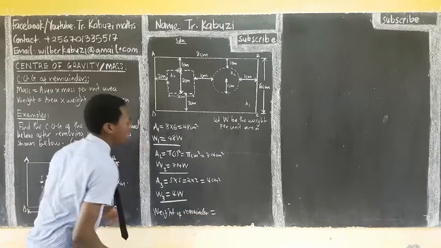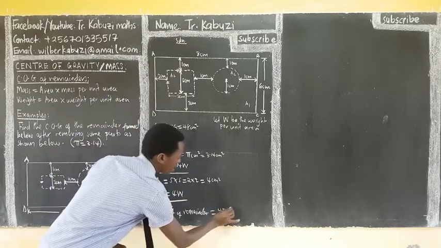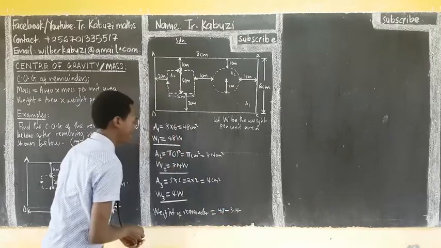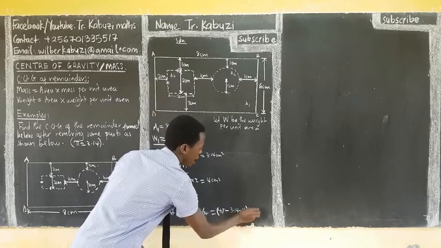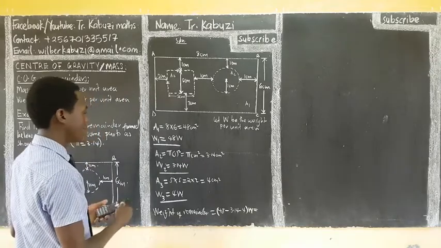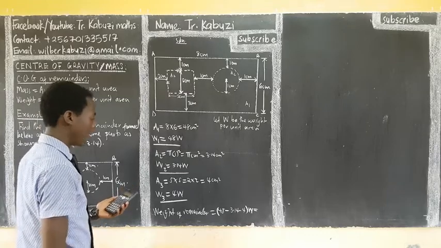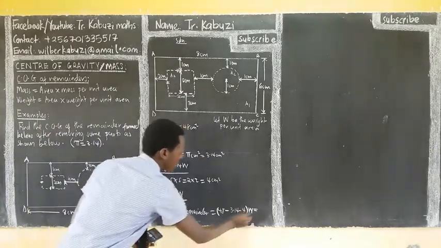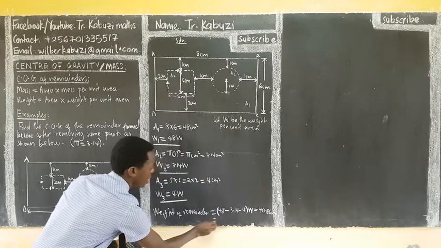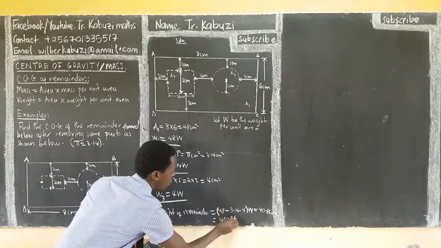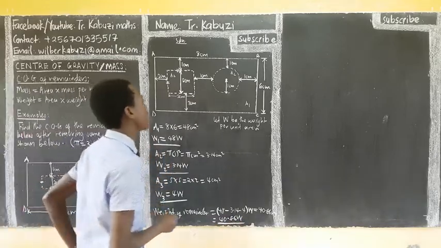We get the big one, which is 48, then minus these ones, 3.14 minus 4, all of this times W. That is 48 minus 7.14, which is leaving me 40.86 W. So the weight of the remainder is 40.86 W with ease.